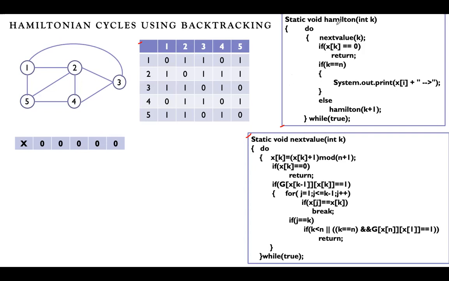First function is the Hamilton function. Inside this function, I will call one more function called next value, to identify the next vertex in the cycle. So these two are the important functions in the program.